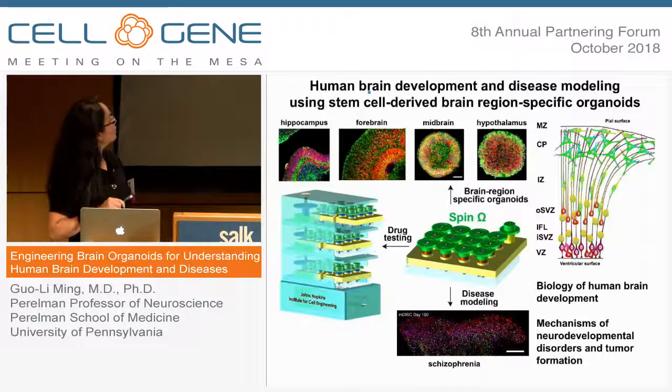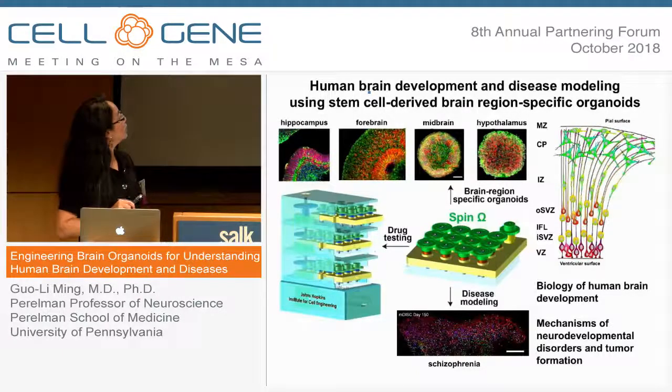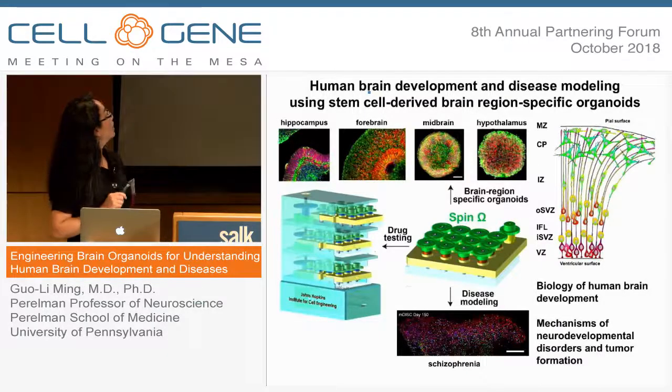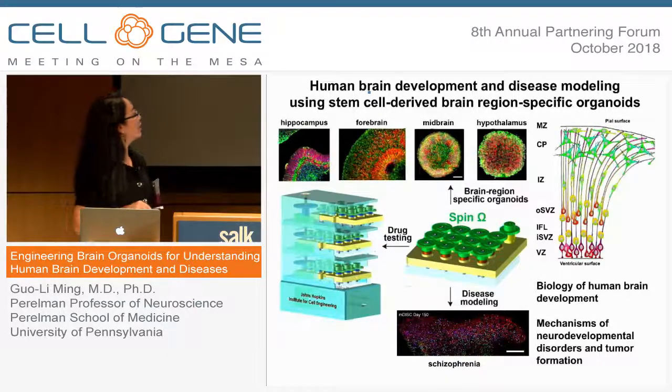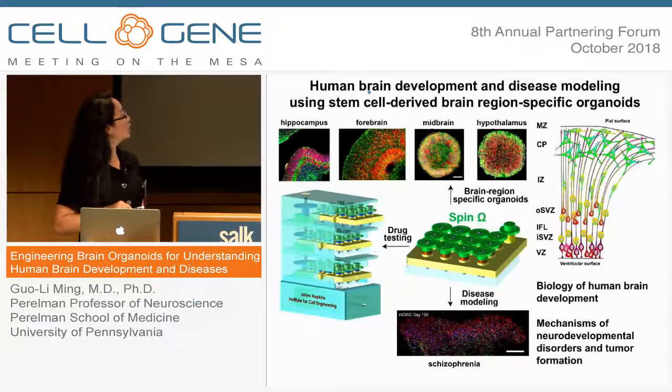And what I don't have time to tell you is that we also have protocols allowing us to develop midbrain organoids, hypothalamus organoids, and hippocampal organoids. This allows us not only to study and compare the basic biology of human brain development in different brain regions, but also to start to understand the molecular mechanisms of neurodevelopmental disorders.